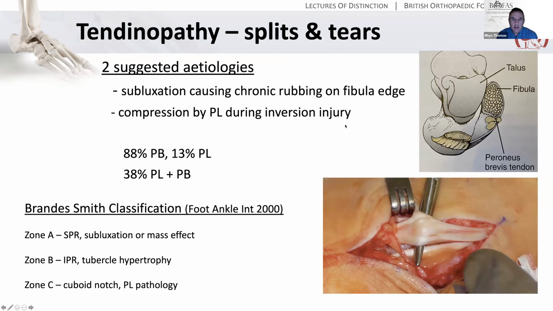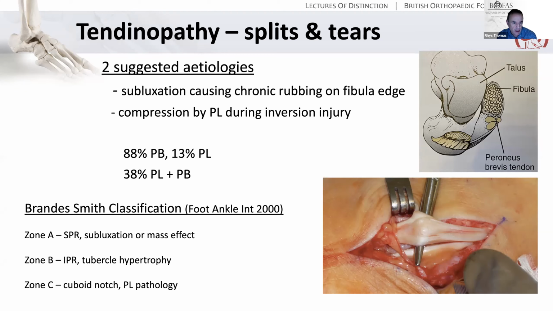So if we consider splits and tears, there are essentially two suggested etiologies. One is where you have subluxation of the tendons and the peroneus brevis gets caught on the fairly sharp edge of the lateral fibula and gets an attritional rubbing, which causes a longitudinal tear.